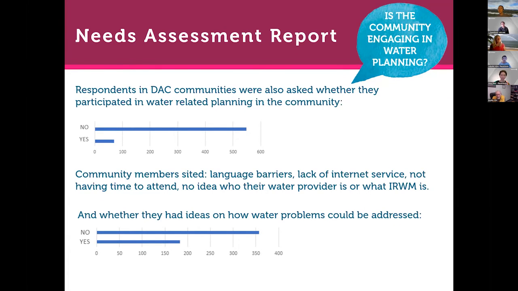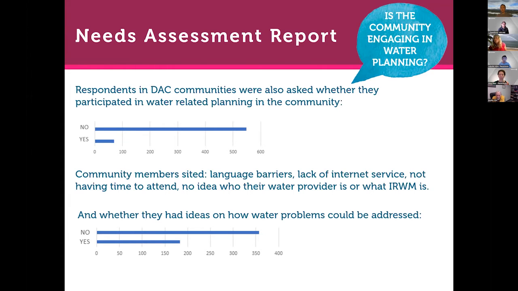This again is not a summary. This is the response to actual questions, and this is kind of getting at how do the community members, the constituents, the receivers of water services, how much do they know about and how much do they participate in water related planning?